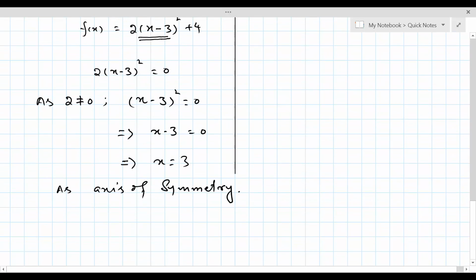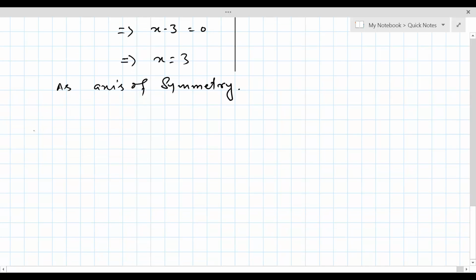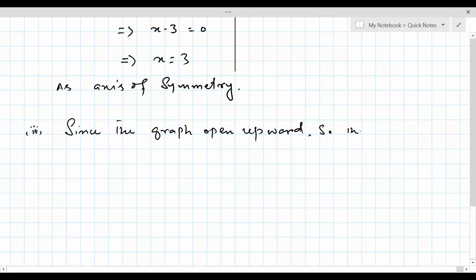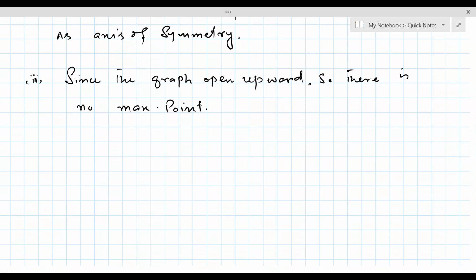And third, since the graph opens upward, there is no maximum point, and minimum point is the only possibility.